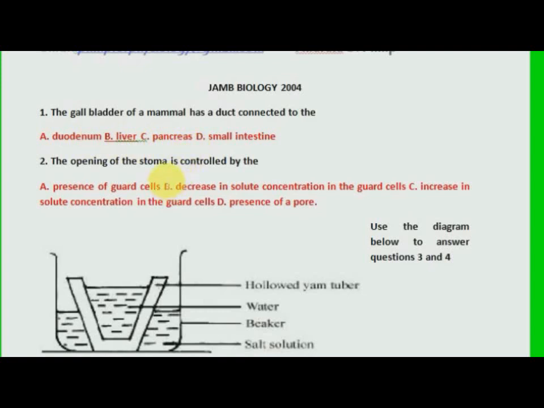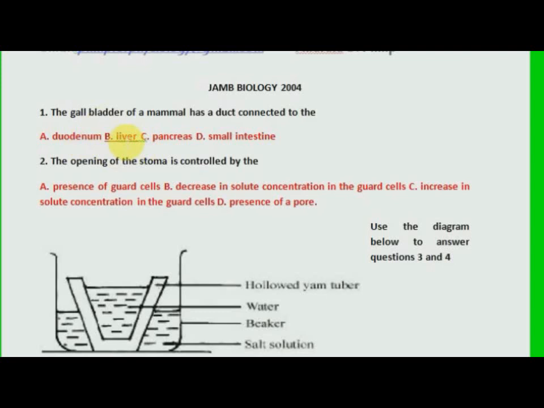Also, it's essential for you to know that liver is a little bit correct, but it's not the answer, because most of the things stored in the gallbladder come from the liver.